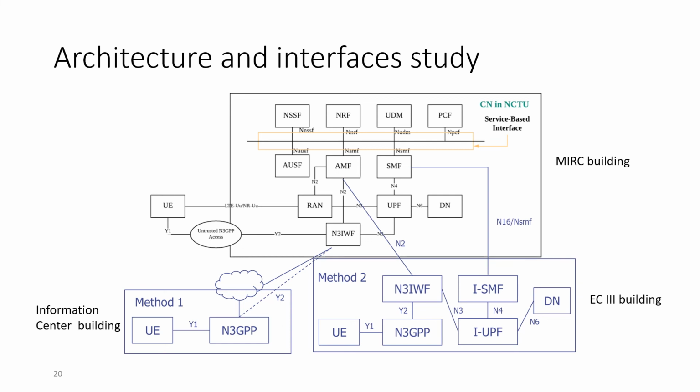With the consideration that gNodeB is not ready in the market, we have also implemented the non-3GPP access feature that allows UE from a Wi-Fi access point to connect to the core network. We will implement and deploy the downsized core network to other buildings and do some evaluations. This implementation and deployment is a prototype for industry to refer to. The industry can also do their own modification based on their requirements.